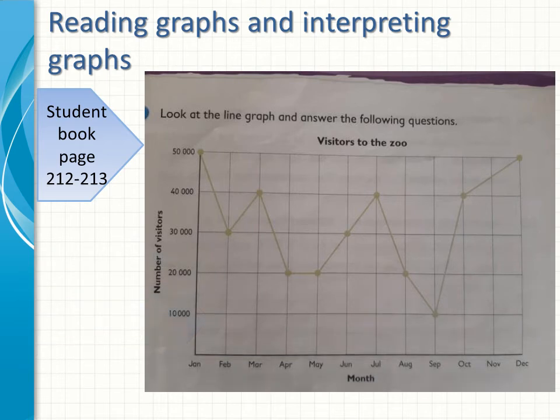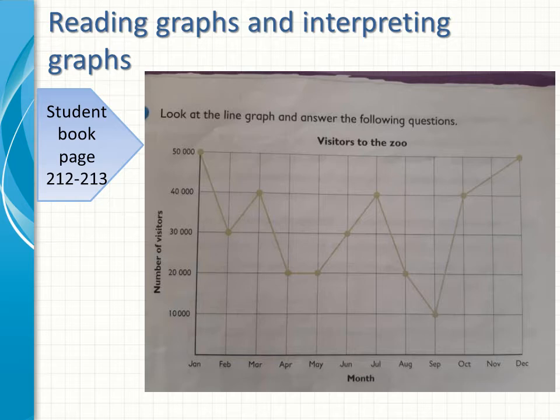Please pick up your student book and open to page 212 to 213. We're still reading graphs just like we did yesterday, and we'll be interpreting the information that we have on the graph. Now we have on the vertical axis number of visitors.